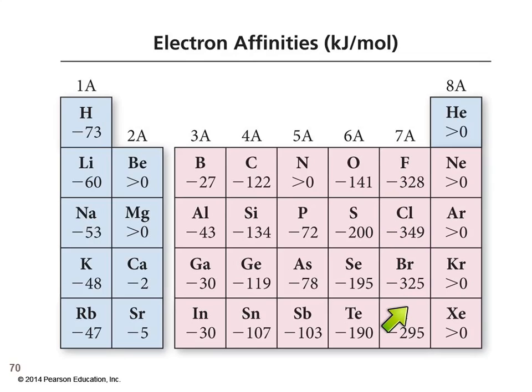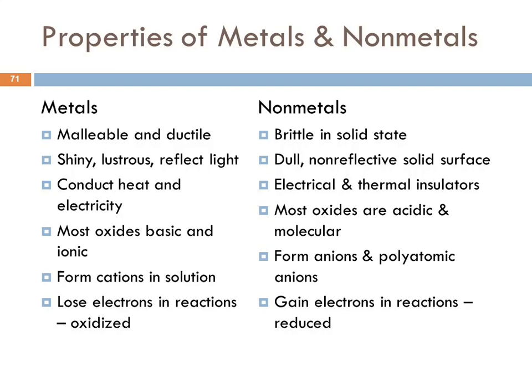The atom will pay you to take the electron, which is how it should be. And these guys also. Nitrogen is a little weird in terms of that. These guys do have negative electron affinities, but they're much smaller than the ones over here. It's just not a real satisfying trend. So we'll stop talking about it.